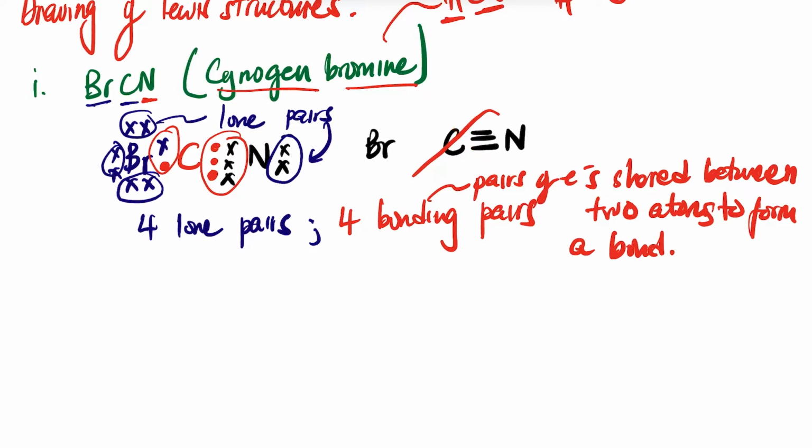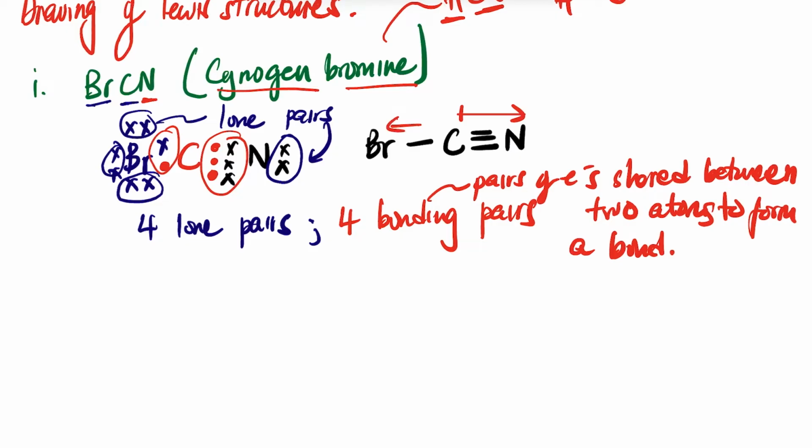As I have mentioned, this structure, the cyanogen bromide, is a polar molecule. How do we know it's a polar molecule? Between the carbon and the nitrogen, there will be a dipole moment that goes that way, and between the carbon and the bromine, there will be a dipole moment that goes that way.